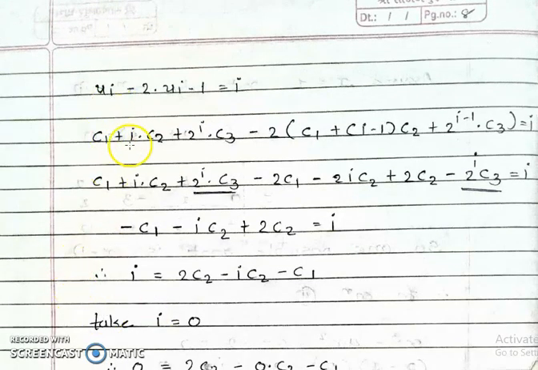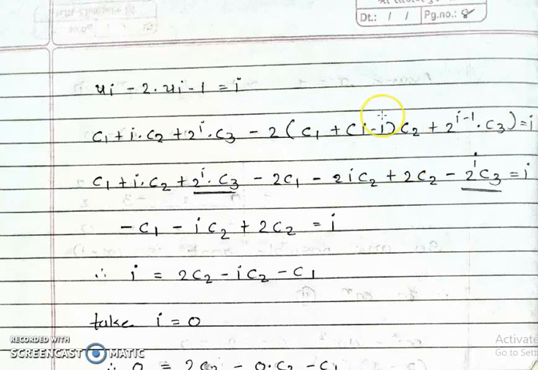So u_i is equal to c1 plus i into c2 plus 2 raised to i into c3, minus 2 into u_(i-1). So here we only change i to i minus 1, and here we also change i to i minus 1. So we get minus 2 into c1 plus (i minus 1) into c2 plus 2 raised to (i minus 1) into c3, equal to i.